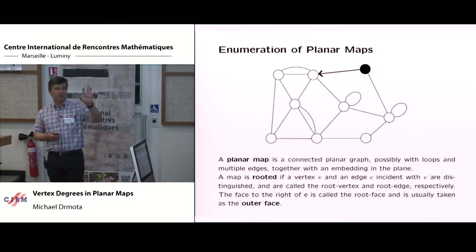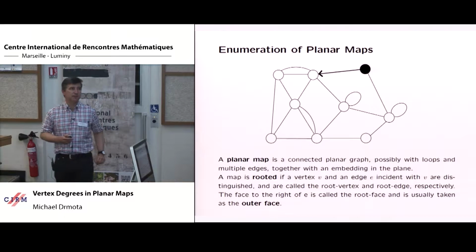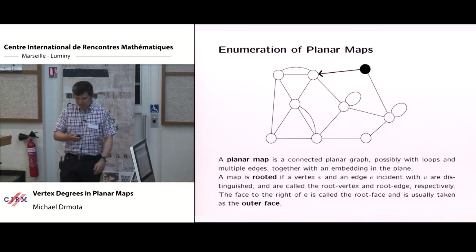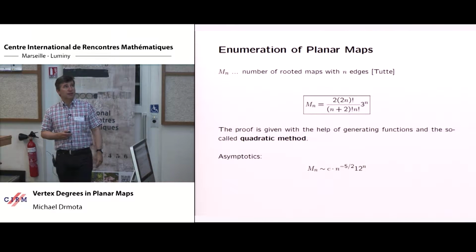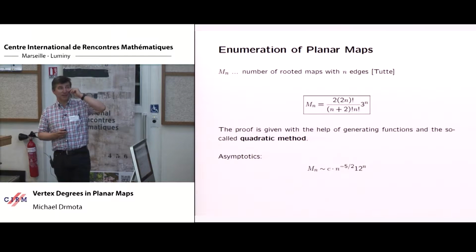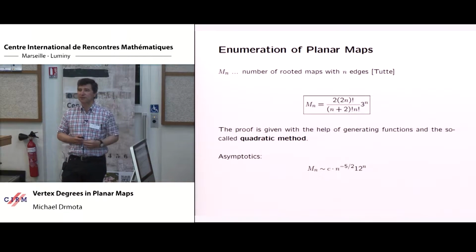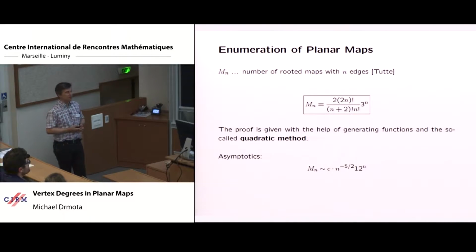In the final part of the talk, I will also consider more general maps on surfaces, but let's start with planar maps. And as already mentioned by Mireille, the story goes back to Tutte, to the 60s, and Tutte enumerated the number of maps with n edges, a very nice formula, and nowadays we understand why he obtained these nice formulas.